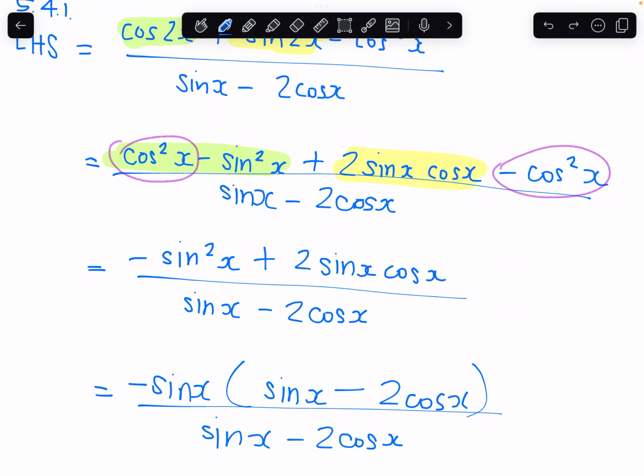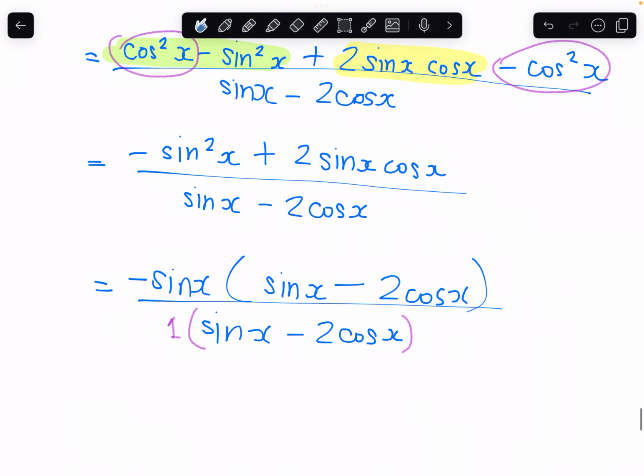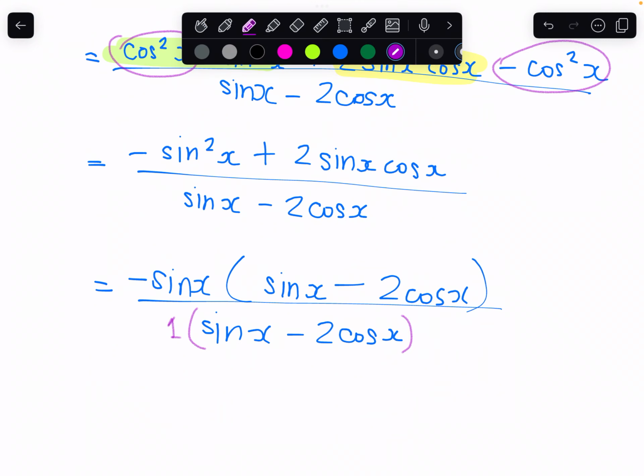Then we can treat this as 1 times that bracket, so that we can see why it's actually legal for us to cancel those two. So this just remains as negative sin x over 1, which is just negative sin x.